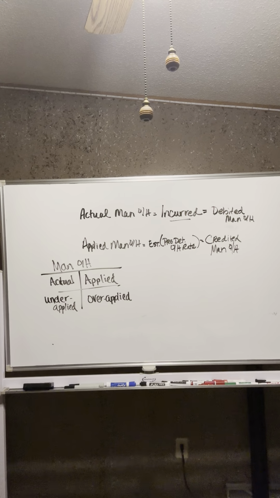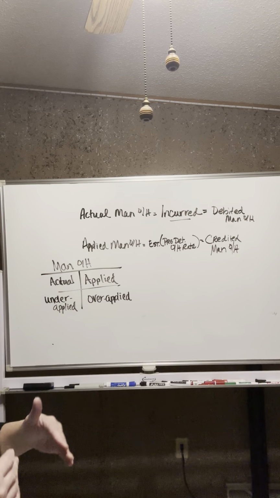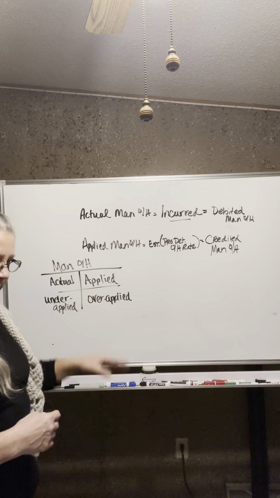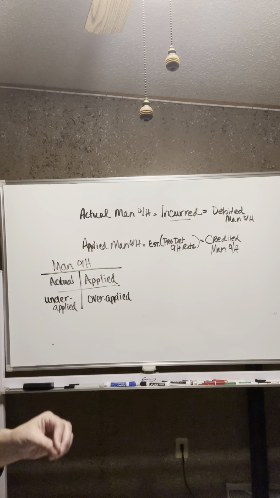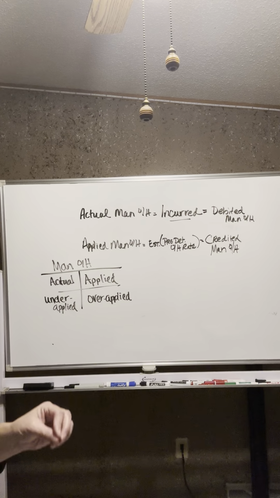Now, this part is not in your book. It was in older books, but just to give you the interim balances for manufacturing overhead: under applied overhead will be shown as a prepaid expense in the current assets section of the balance sheet. Over applied will be shown as an unearned revenue in the current liability section.